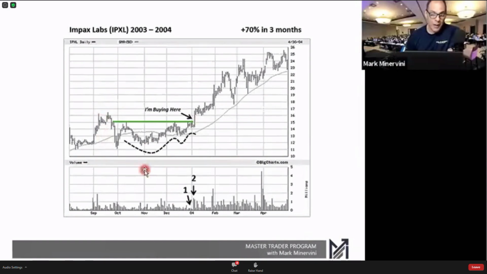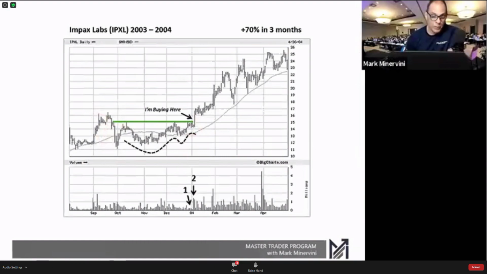This is just the law of supply and demand and finding what is called the line of least resistance. Once the line of least resistance is formed and you go through this process, you're setting up a stock for a potential strong move. It doesn't mean it's necessarily going to move, but if your homework is right and the stock is in a strong uptrend and institutions do have an appetite for it, well, then it's going to explode.